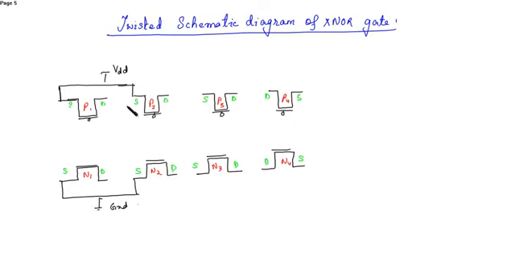Drain and drain are shorted. Gate and gate are shorted. This is gate to gate. This is drain to drain.